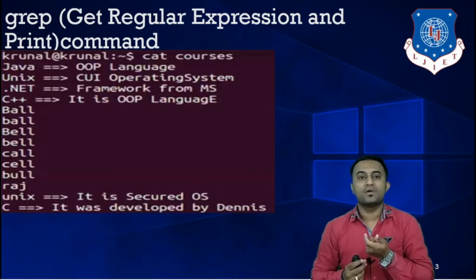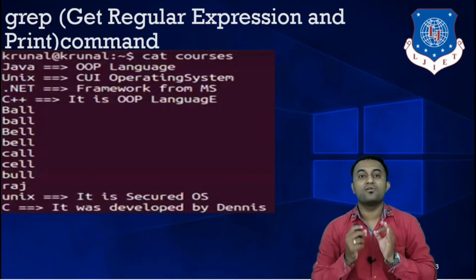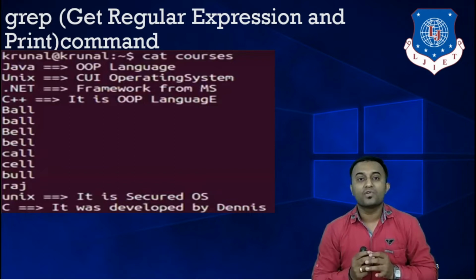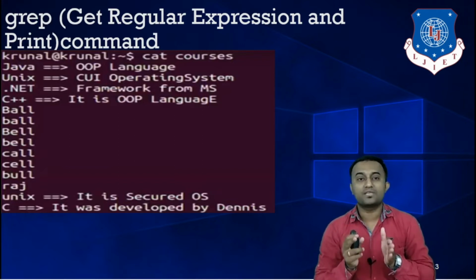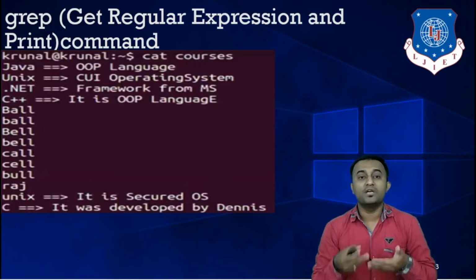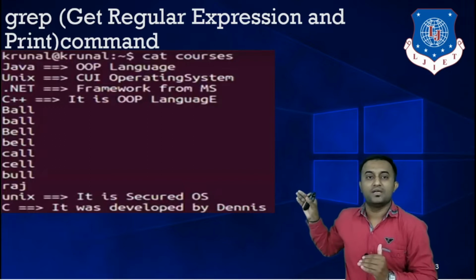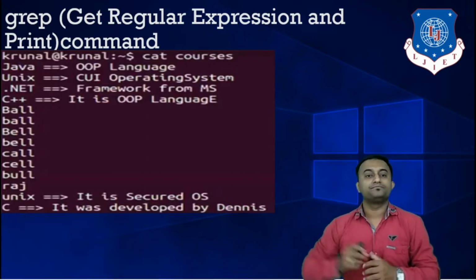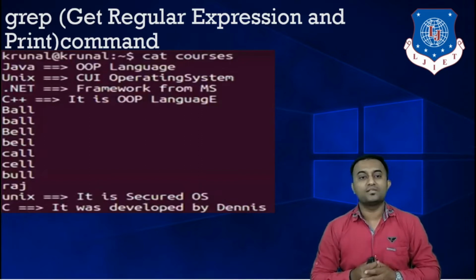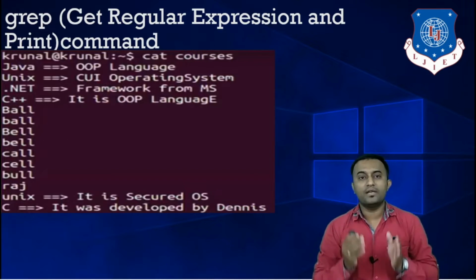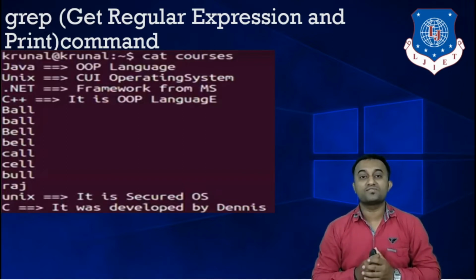Courses is nothing but my file that I have already created. With the help of this command, cat space courses, I am going to retrieve the content of the courses file. You can see in the second row up to the last row, all these lines are nothing but the contents of the courses file.